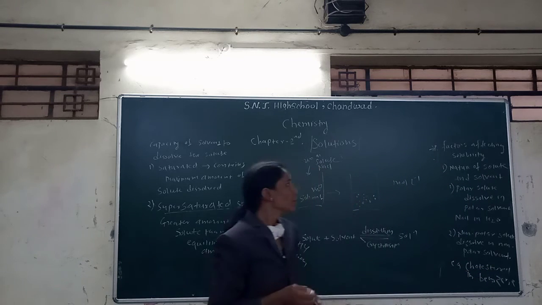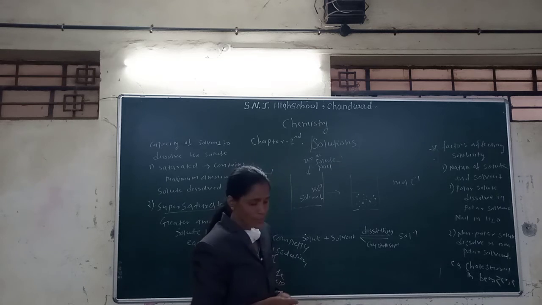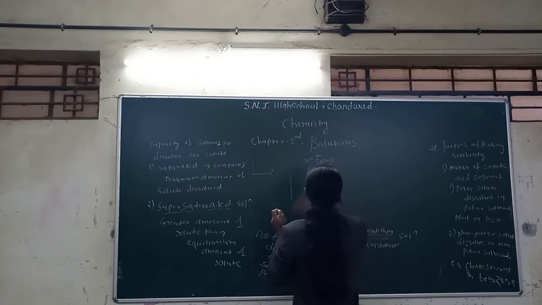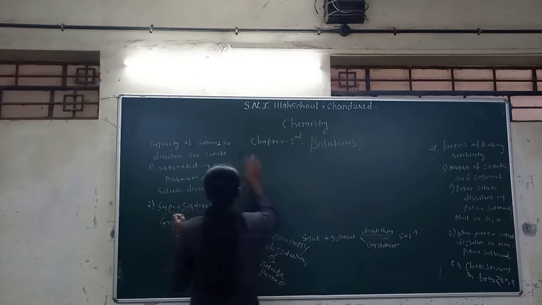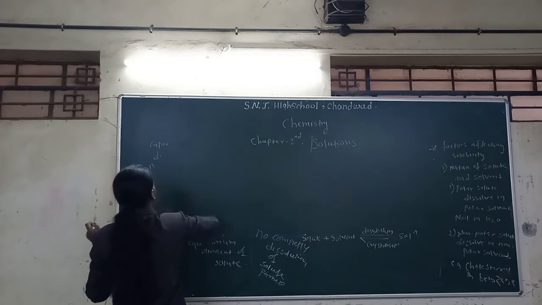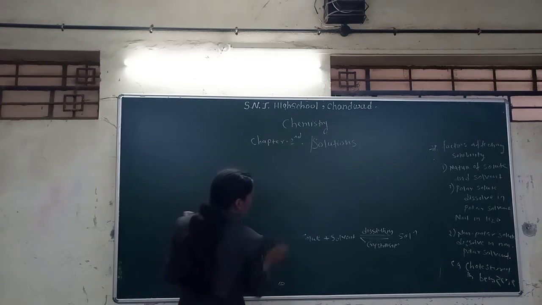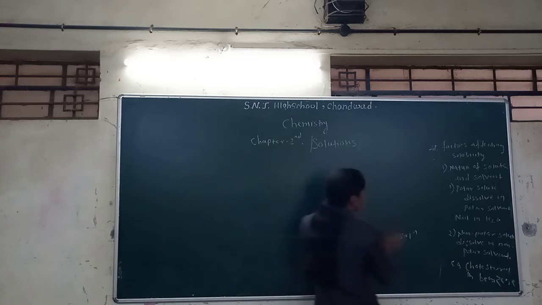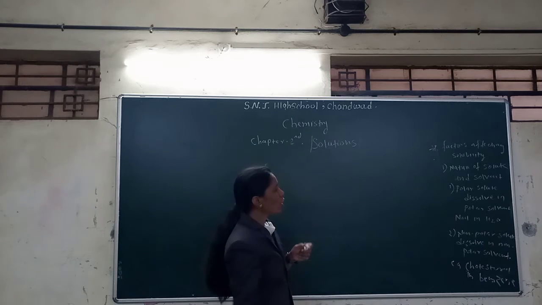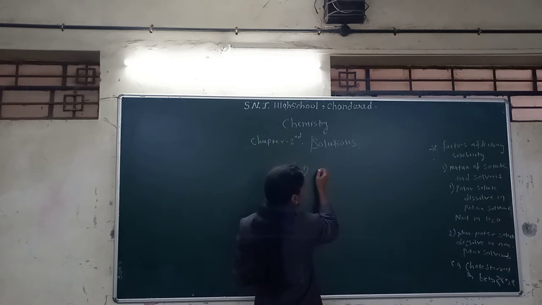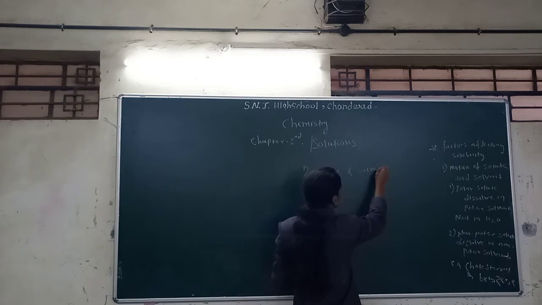When a solution is formed, the solubility depends on which solute is dissolved in which solvent. It means the ability of the solvent to dissolve the solute. Here the first factor is the nature of solute and the nature of solvent.